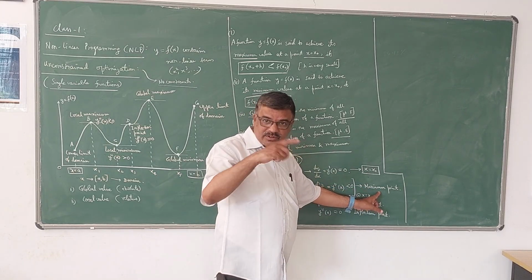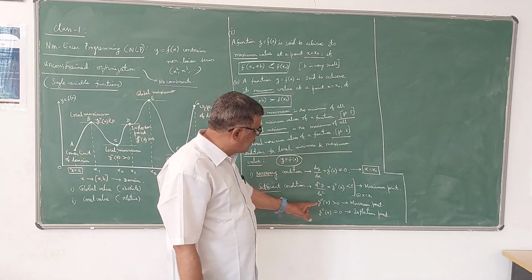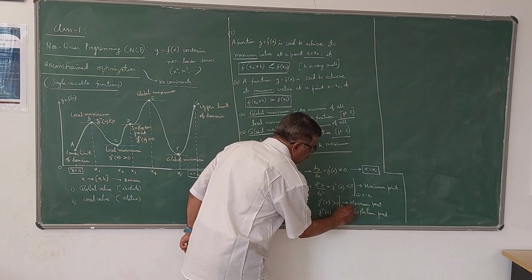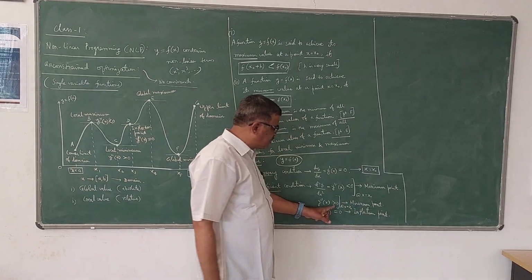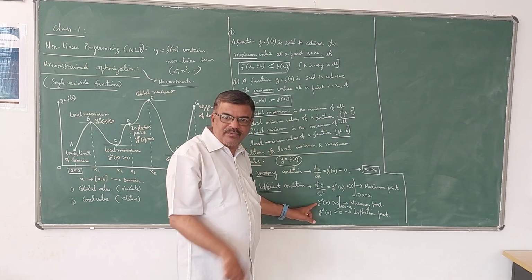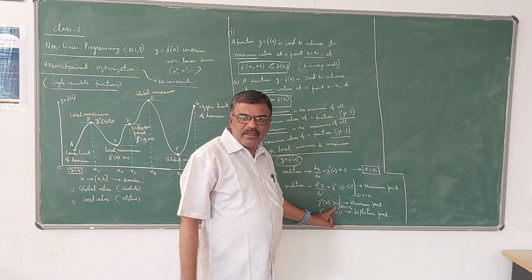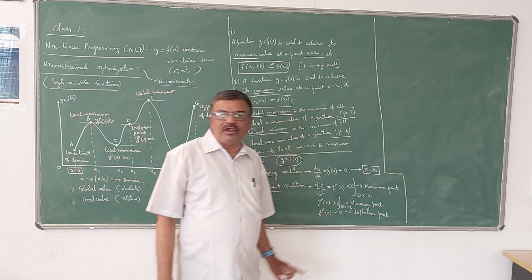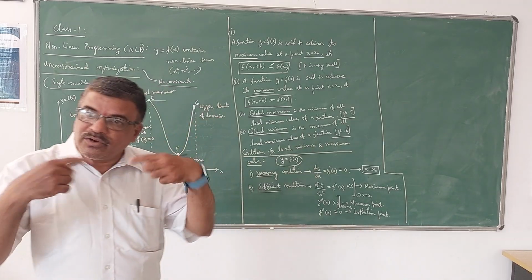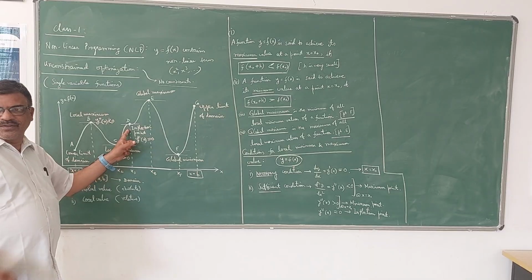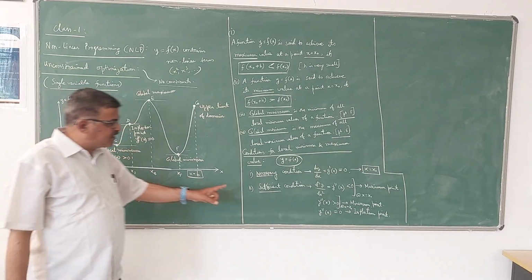Negative is maximum, positive is minimum. If you put x equal to x naught in the second derivative and get a positive value, greater than 0, then it is called a minimum value point. If it is equal to 0, then it is called an inflection point. Three conditions. So this is the sufficient condition.